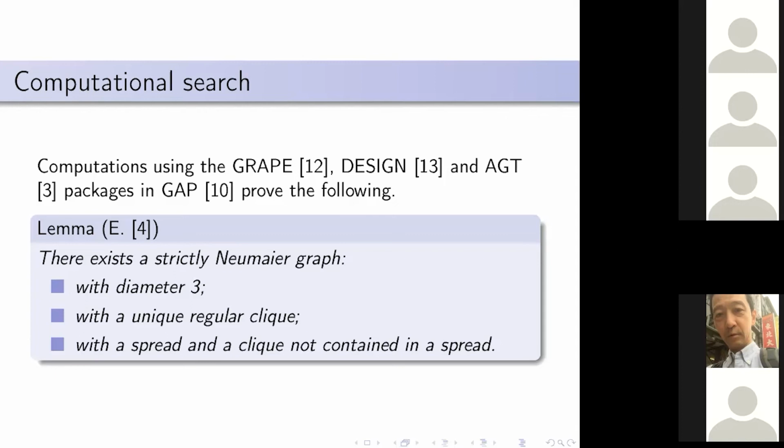For example, there's only one known strictly Neumaier graph with diameter 3. I find it computationally. There's also strictly Neumaier graphs with a unique regular clique, and there's also strictly Neumaier graphs which have a spread, and then cliques which don't lie in a spread.